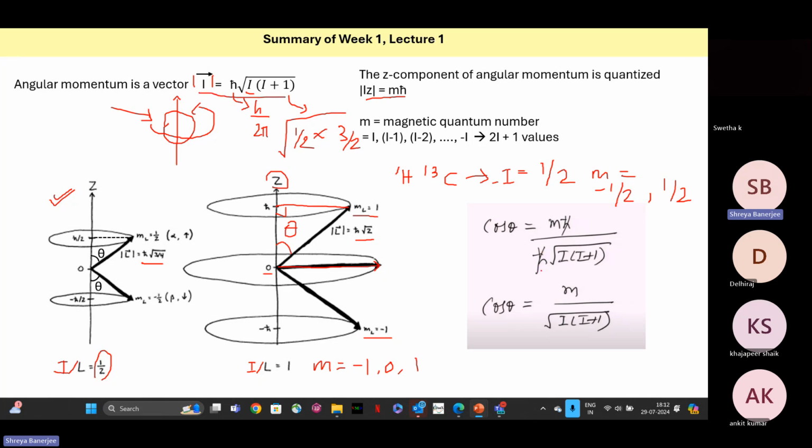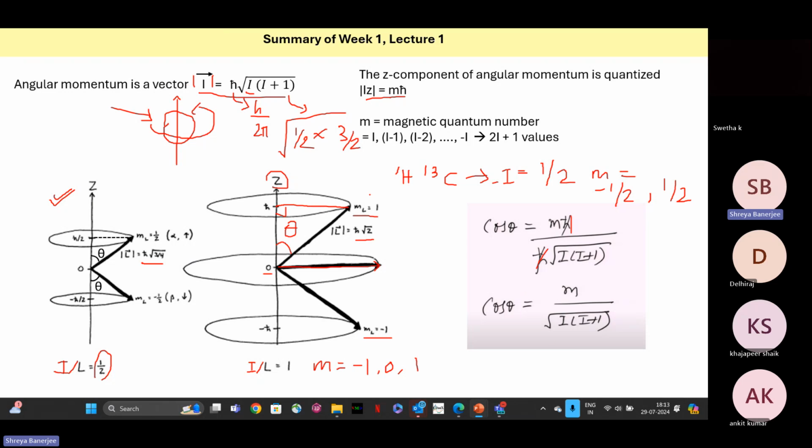So in the denominator you have h bar root of I into I plus 1, and then the two h bars cancel out, and you have cos theta given as m divided by root of I into I plus 1. From this, you can find theta by doing cos inverse, and that will give you the direction of the angular momentum vector. So you can find both the magnitude and the direction.